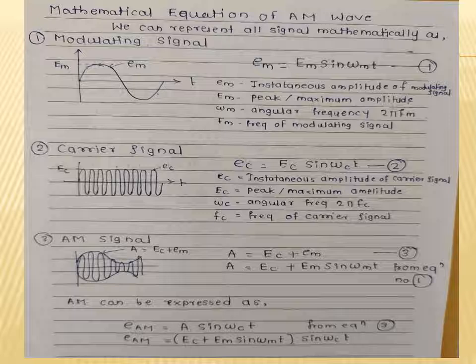Small ec is the instantaneous amplitude of the carrier signal, and capital EC is the peak amplitude of the carrier signal.